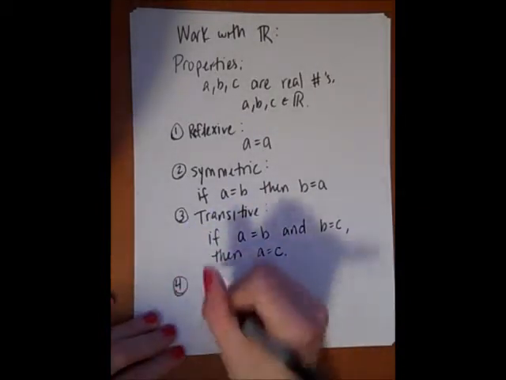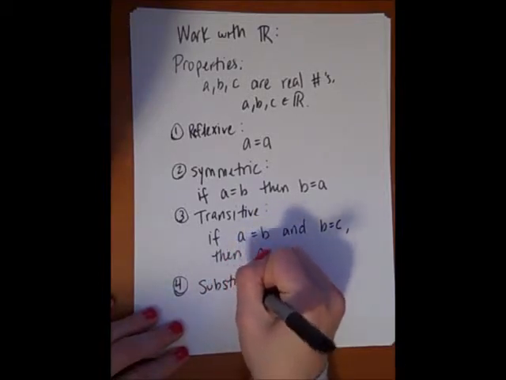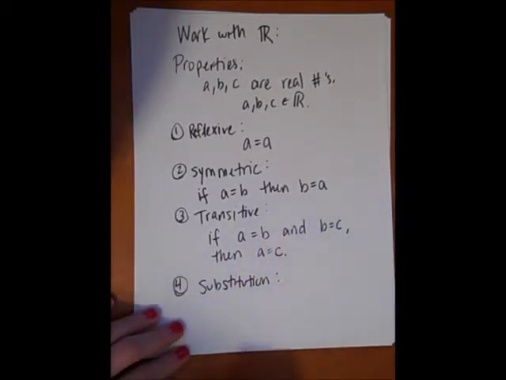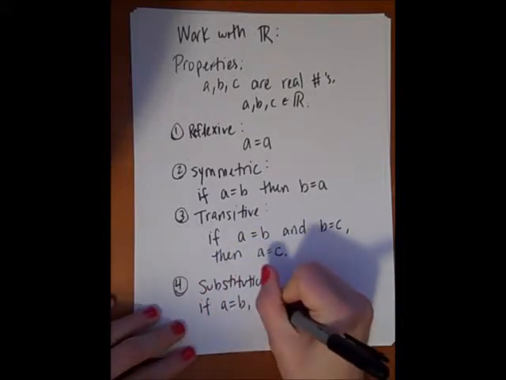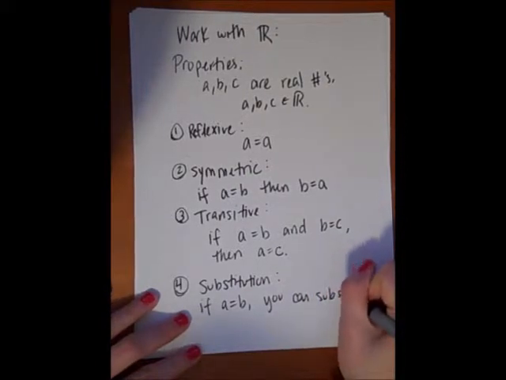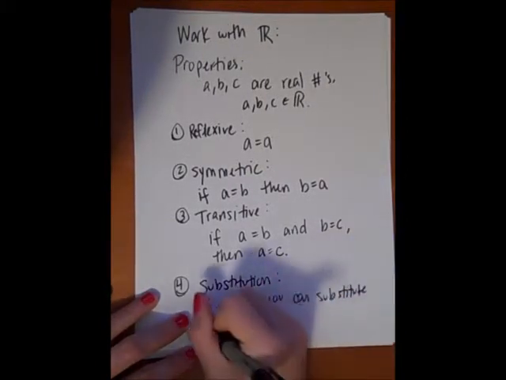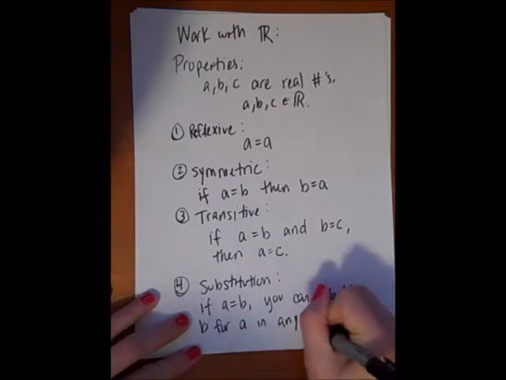The fourth property is the substitution property. What this says is that if A is equal to B, you can substitute B for A in any expression.